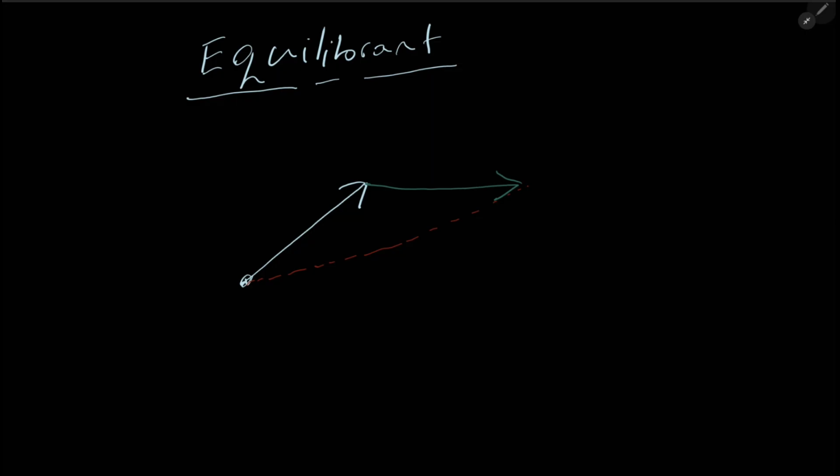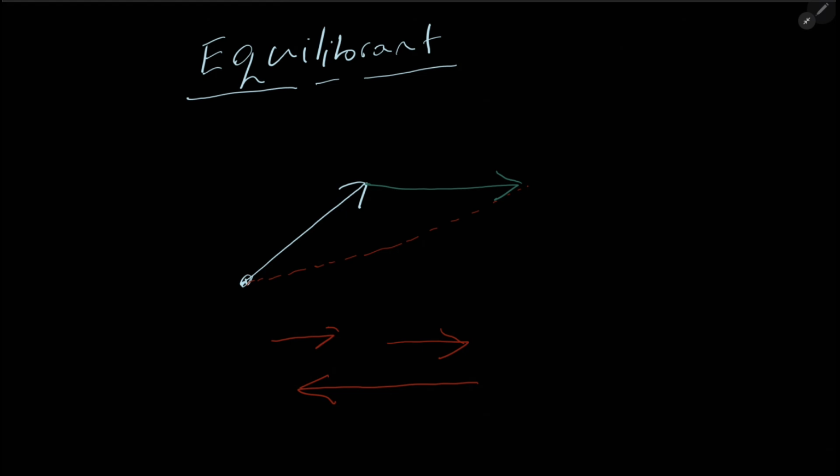Now you'll realize that both of these forces are all acting in this direction. The equilibrant is what is going to cancel it out. So it means that the canceling out has to be going in the opposite direction for it to be an equilibrant.